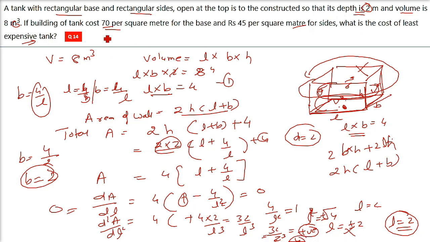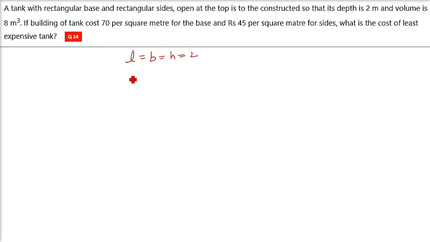So now we have already got the dimensions. We have seen that you are going to get the least expensive tank. But what will be the cost? Cost has to be computed. So length is 2, breadth is 2, height is 2, and all these 2 we are going to employ these values in order to find out the cost of making this expensive tank.